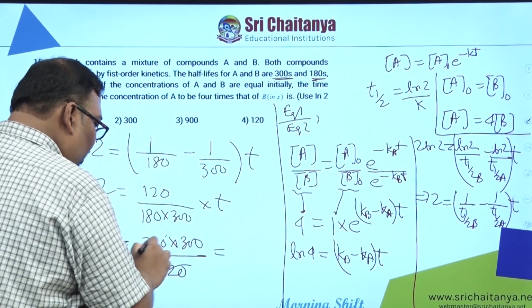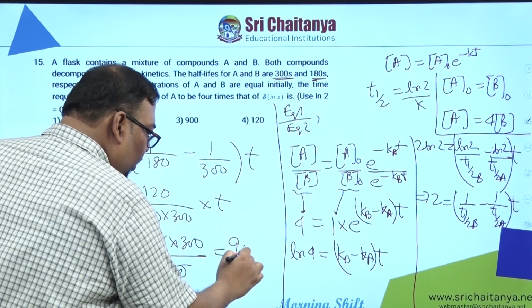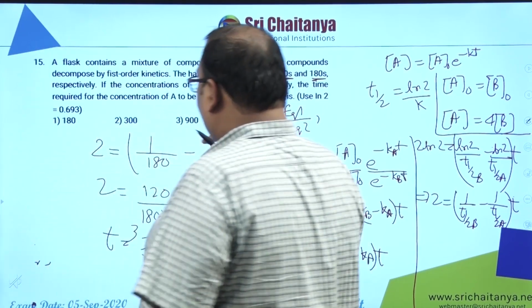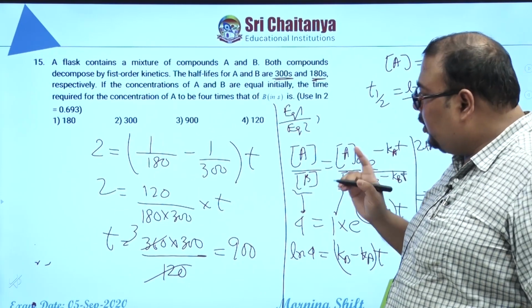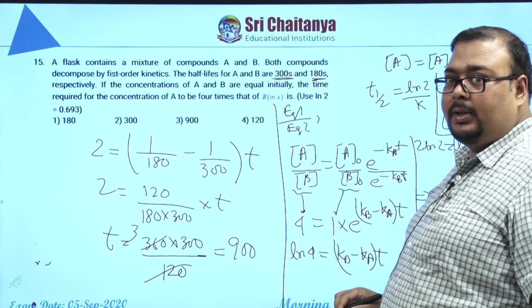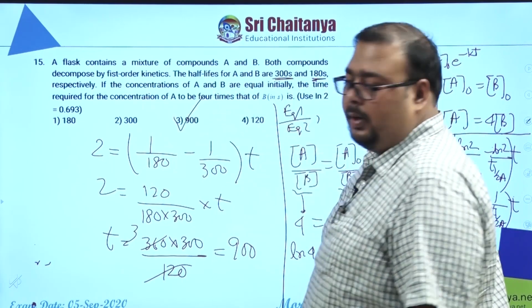So this will go like 3 times, so it will be 900 seconds. So out of these 4 options, it's option 3 which corresponds to the answer 900 seconds. So the answer is option 3.